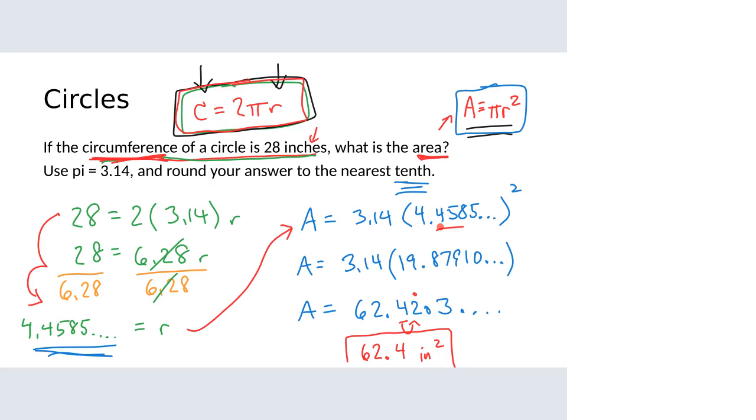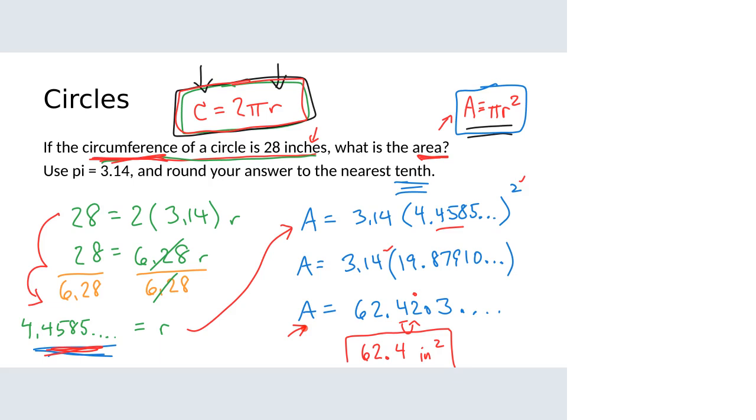Not the prettiest calculation in the world, but that's okay. Our calculator can hold those ugly decimals for us, especially in a case like this where I have the radius, I need to square it, and then multiply it by 3.14 to get to our answer, and then make sure to round carefully, however you're asked to round. I think that's a fairly challenging question, actually. Probably the most challenging thing we've seen so far today.